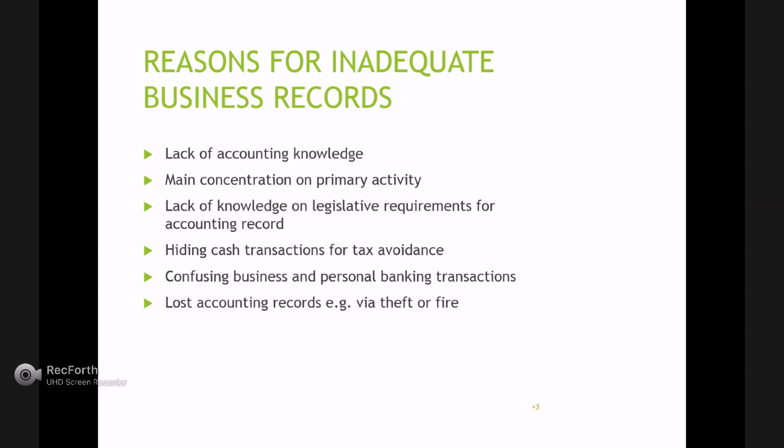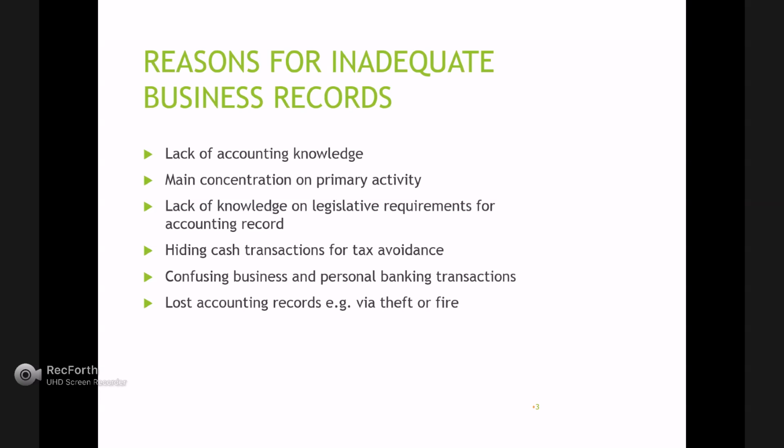For example, the primary books: cash receipt day book, cash payment day book, purchase day book, sales day book, other ledgers, and journal entries. Some are there, but they lack knowledge of those legislative requirements.